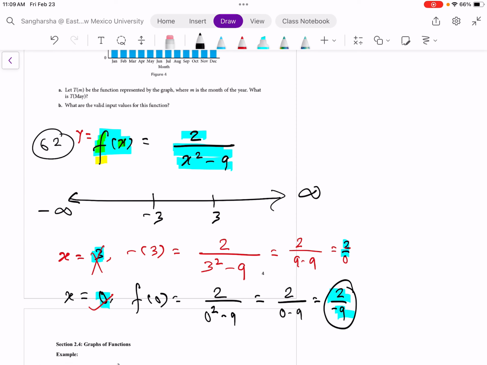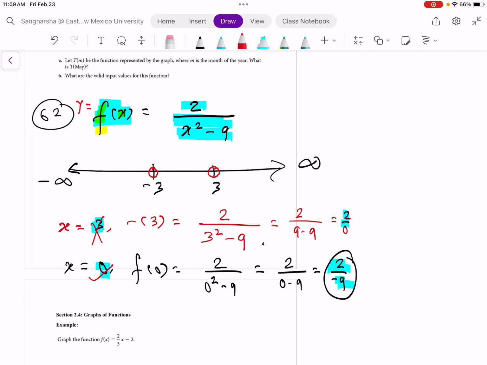If these are not the domain, what do we do? Do we use a closed circle or open circle? Open. If these are not the domain, we have to exclude. Exclude means we're going to use an open circle at negative 3 and an open circle at positive 3.